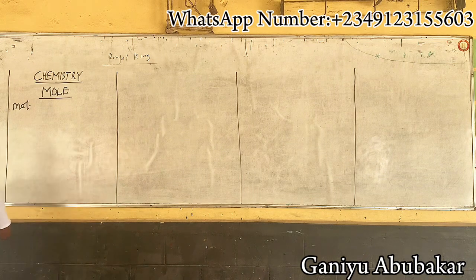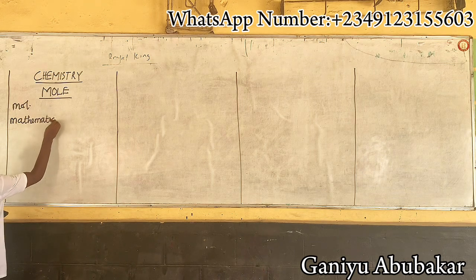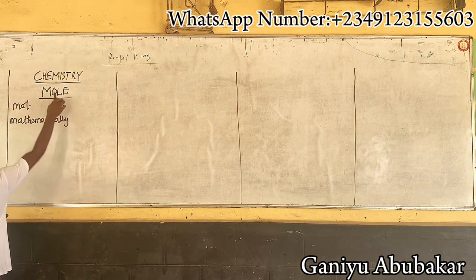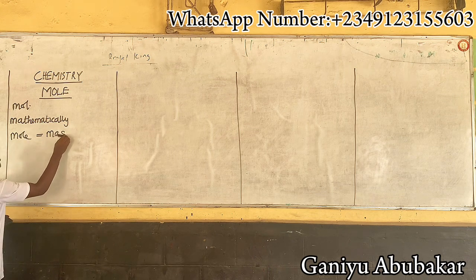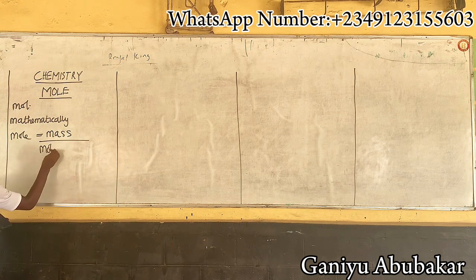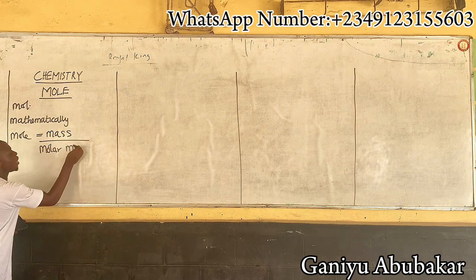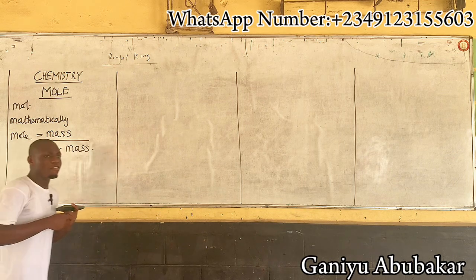Mathematically from here, we said mole, MOL, is equal to mass all over molar mass. This becomes your mathematical formula for calculating mole.